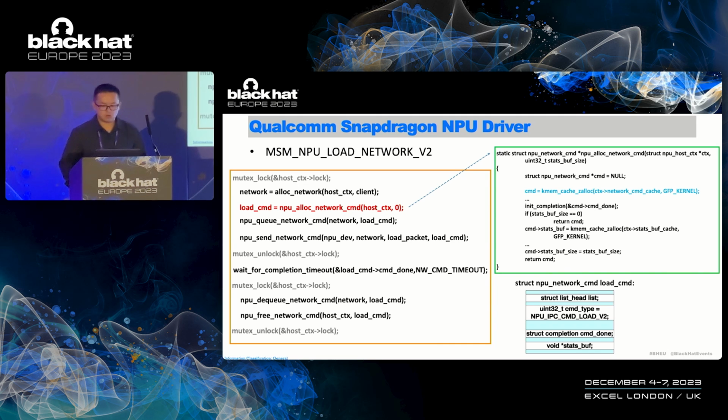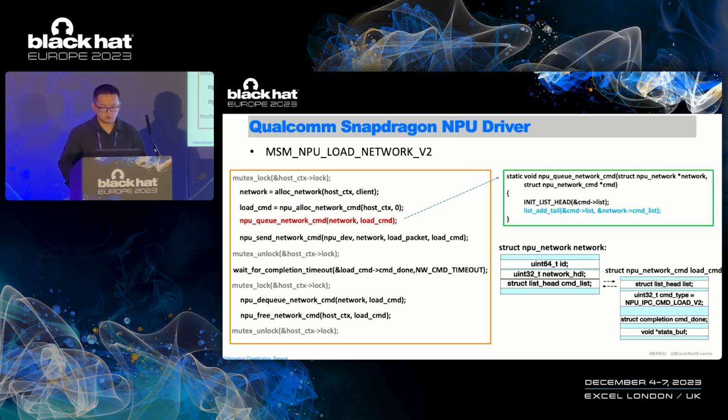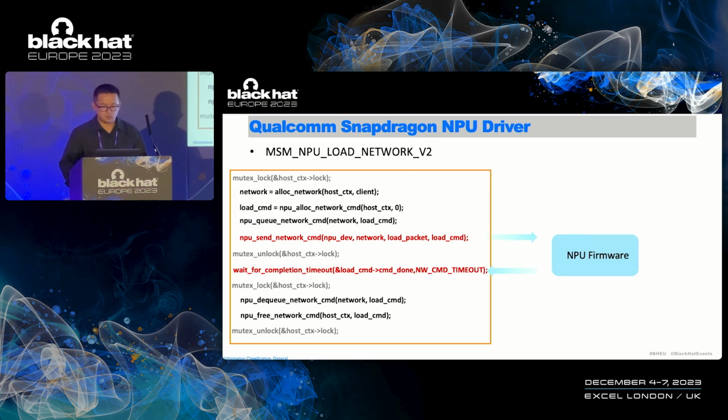The MPU network command object is called load command, and we can say it's allocated from a dedicated kmem cache. After that, the load command will be queued into the command list of the MPU network. And the function MPU send network command will be called to send the load command to the MPU firmware for executing.